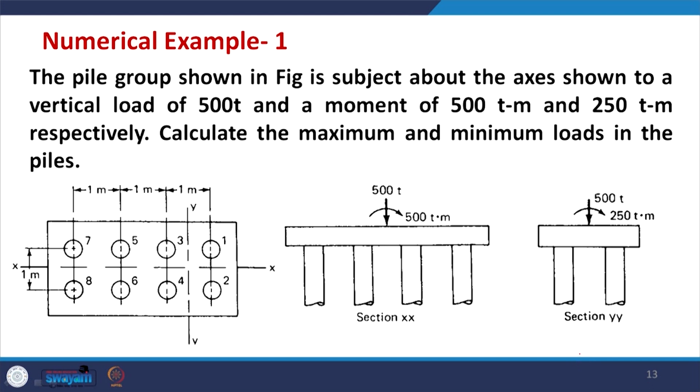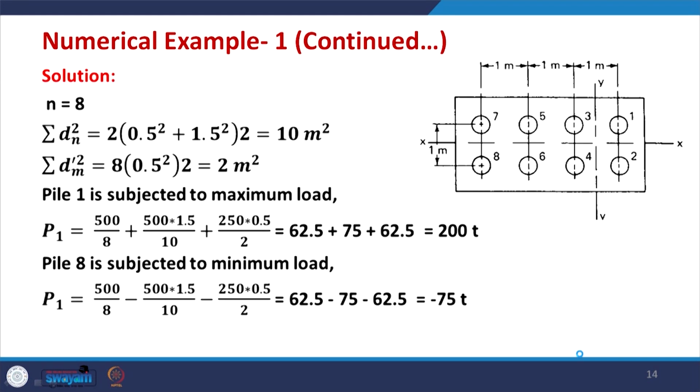We need to find the load coming on each pile, 1 to 8, and that can be solved like this. For n equal to 8, summation of dn square is calculated as follows. Being symmetrical about this axis, if I take the distances measured from this side, you have 0.5 for these 2 piles and then 1.5, and the same thing here, and you have 2 rows.